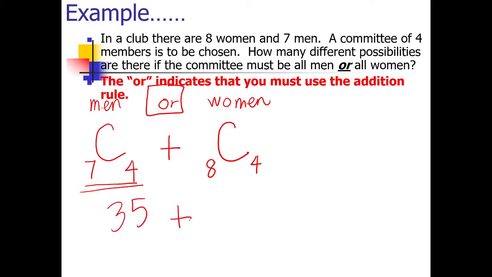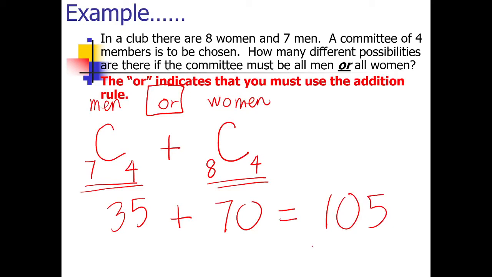What about 8 combination 4? This will give me 70. And when you add that to it, how much is that? Oh, there are 105 possibilities. Okay? So take note of this word or, and the word and.